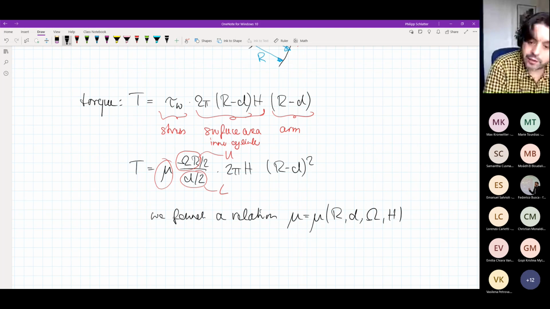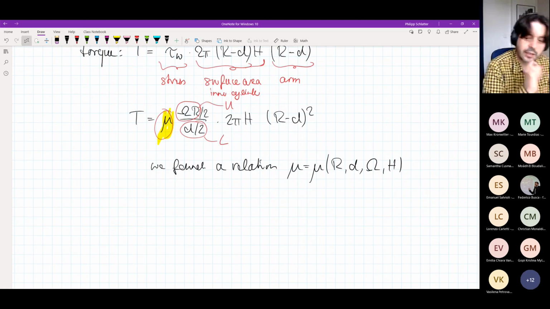In this way, Maurice Couette set up his experiment, put in different fluids, measured different torques, and could then get out the viscosity and calculate it. For a measured torque with all the geometrical parameters, you could calculate the viscosity.